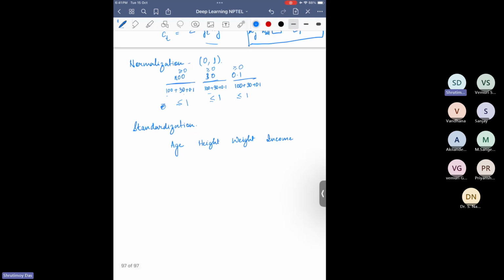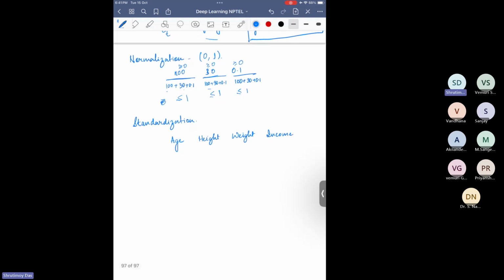Your age will be in the range of say 10 to 90 or 100 maybe. Your height will be in the range of say 150 to, how tall are people, I don't know, maybe 250 centimeters.